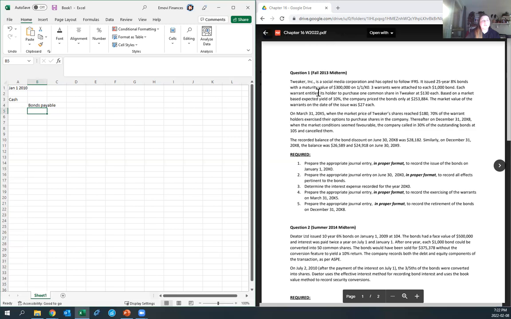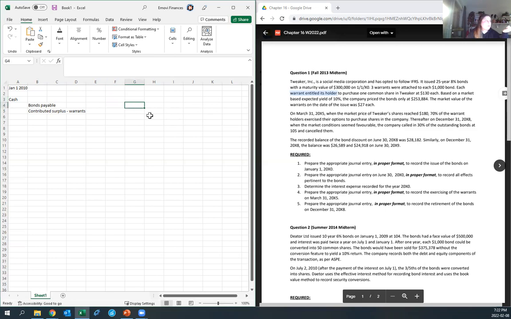They issued the bonds with warrants attached to it, so the warrants are going to be in our contributed surplus warrants. Your cash amount is going to be applied after I find the bonds payable and contributed surplus warrants, because they don't give it to us. If they had given us the amount that they paid, then we could put it there.